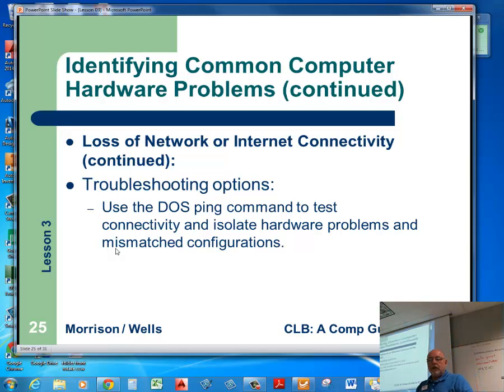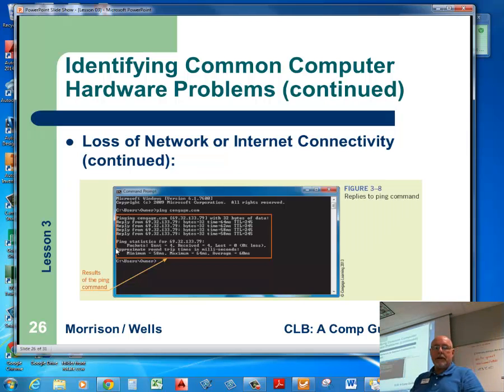So you can use what they call a DOS ping command, and the ping command allows you to connect out. It actually sends a signal out to a provider, and it sends back information and tells the pathway, all the different paths that it's taken, touching different servers, and it kind of looks like that on your screen.